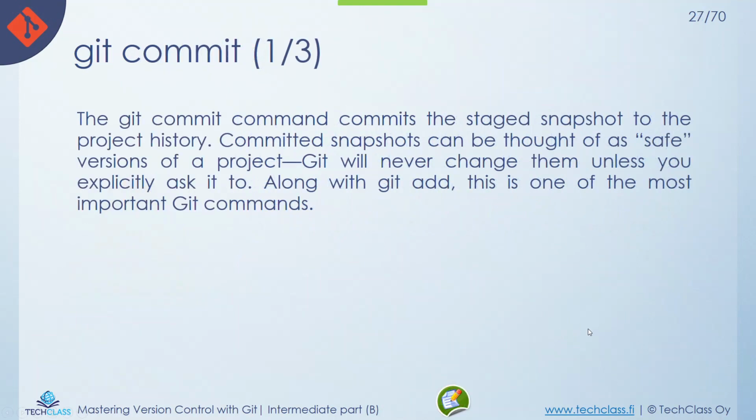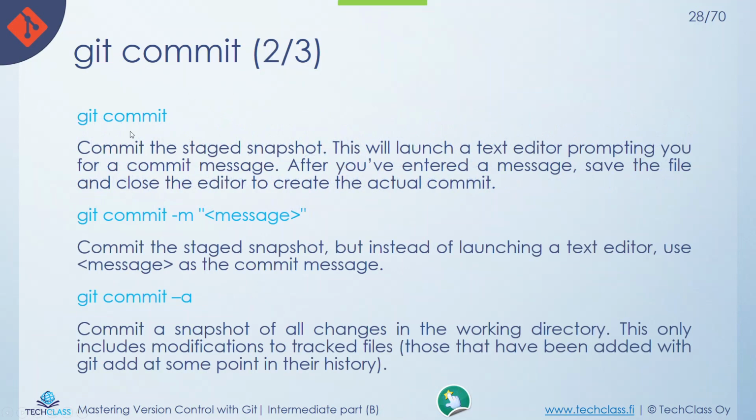All right, another very practical Git command is git commit. Once we have added those changes to the staging area, by using git commit we are committing these changes to the project history. Here are also some options that we have, so let's get familiar with them.